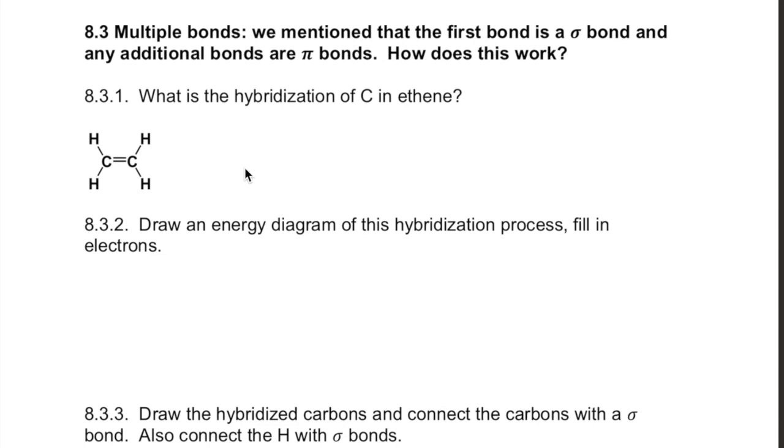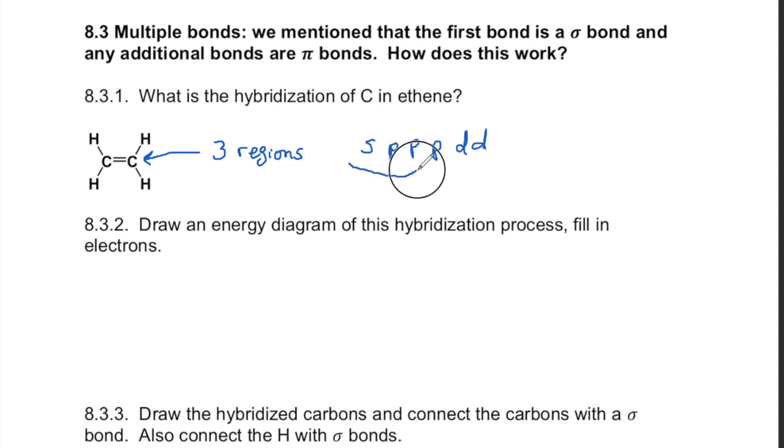Let's take a closer look at the structure of some compounds that have a carbon-carbon double bond and a carbon-carbon triple bond. So each of these carbons has 3 electron regions, 3 bonded atoms, and 0 lone pairs.